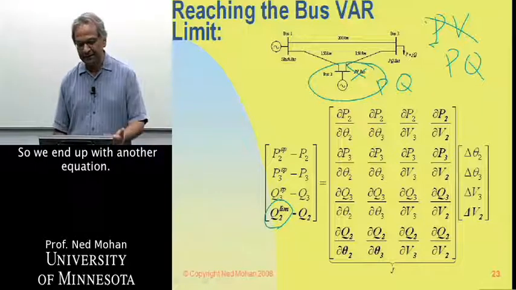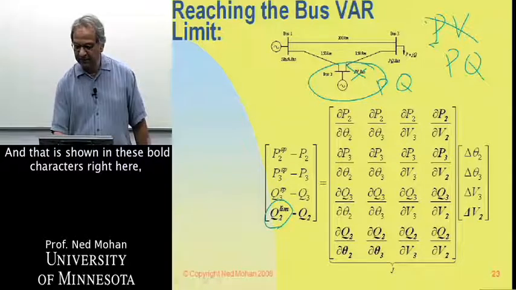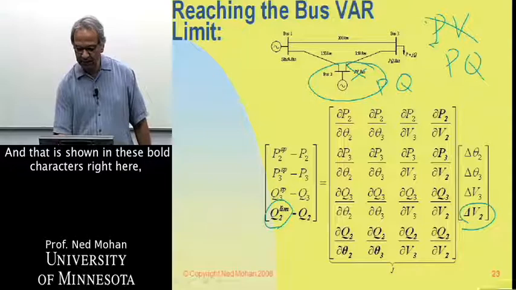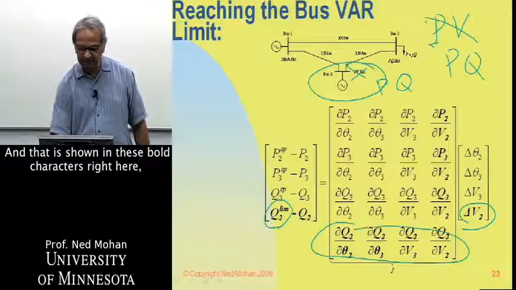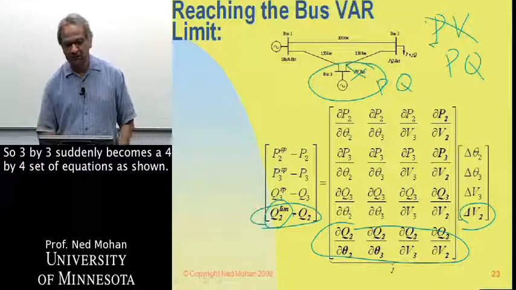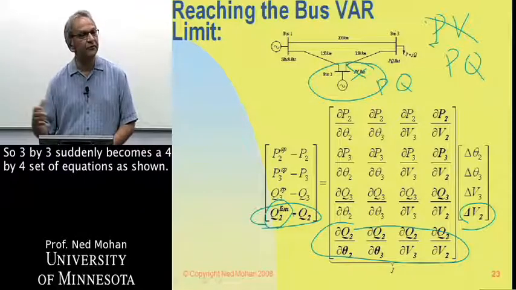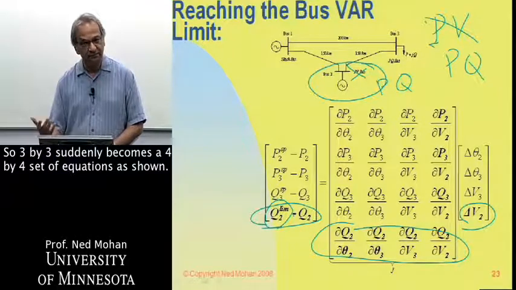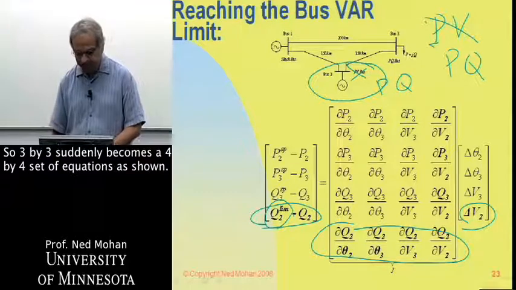So we end up with another equation, and that is shown in these bold characters right here, this 4th equation right here. So 3 by 3 certainly becomes a 4 by 4 set of equations here, as shown.